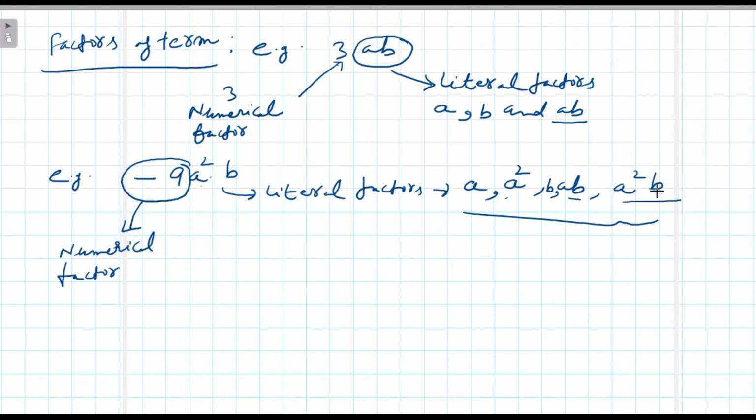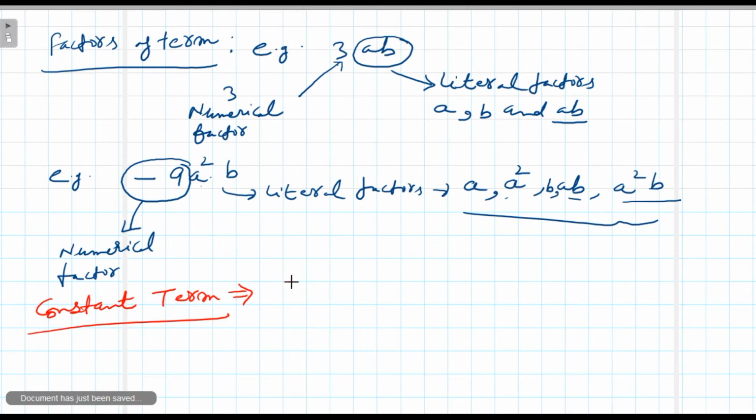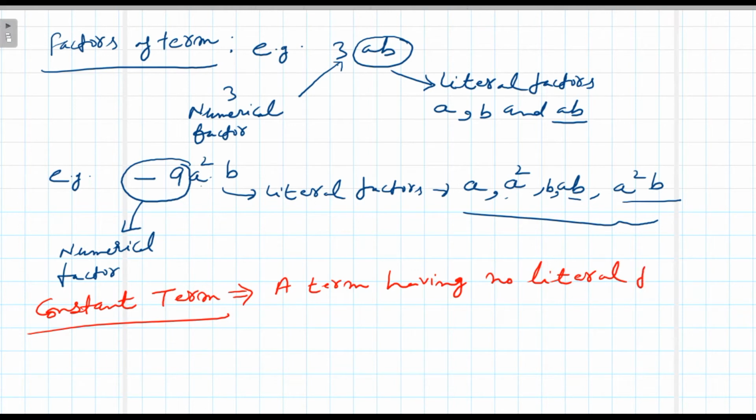So these are factors. Now we will move on to what is a constant term. A constant term would be a term which has no literal factor. A term having no literal factor is a constant term.